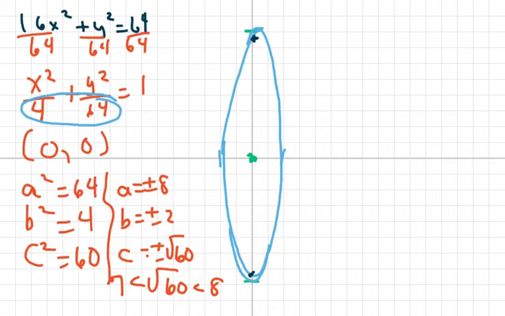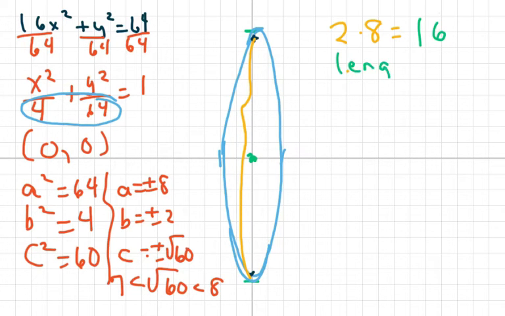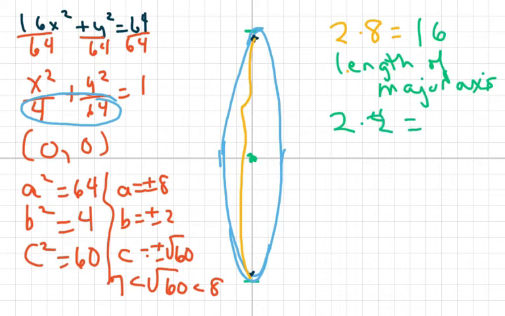So you can see the length of this axis here is going to be 2 times 8, which is 16. That's the length. Whoops, not 60. It's 16, which is the length of the major axis. And the length of the minor is 2 times 2, which equals 4.